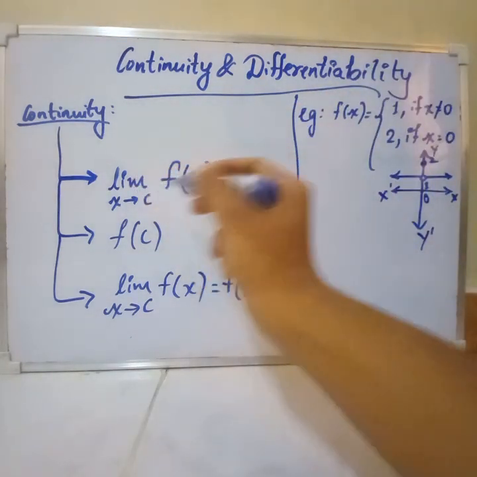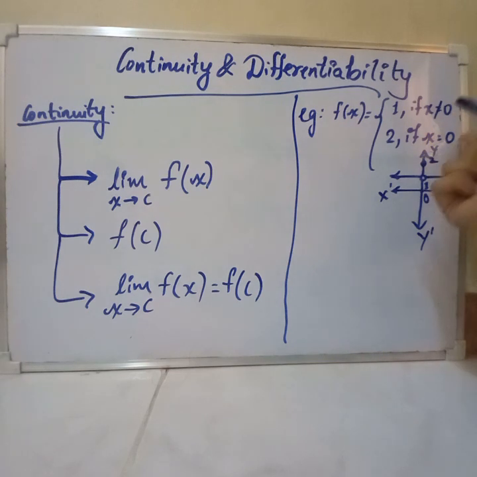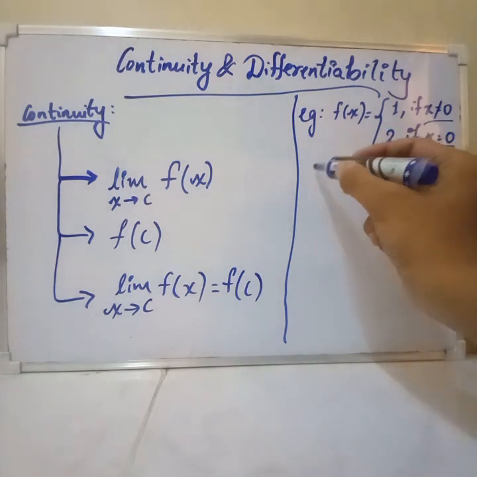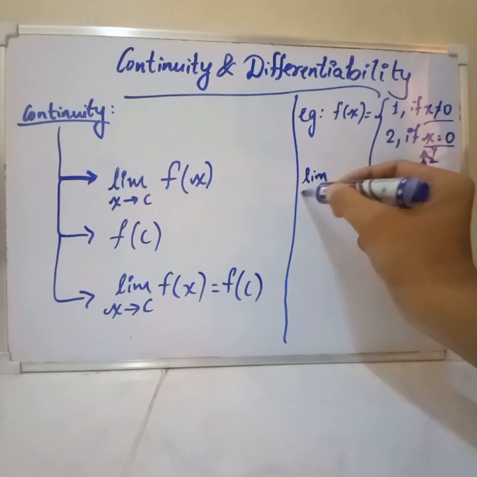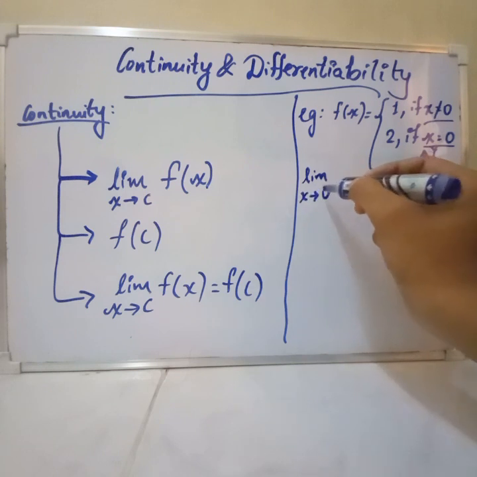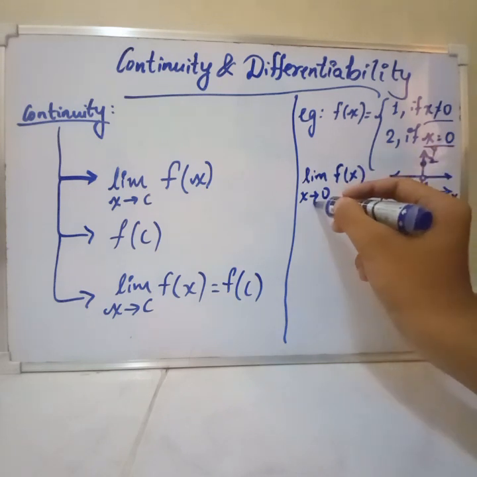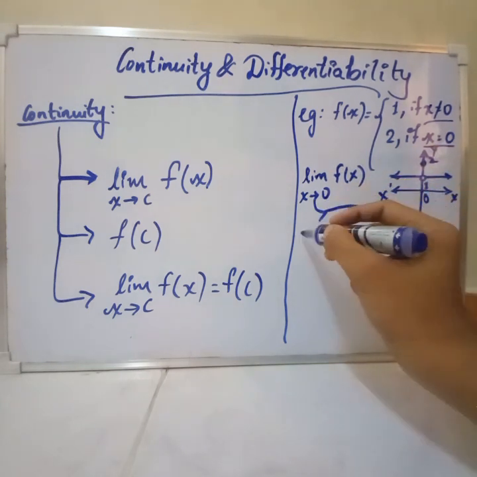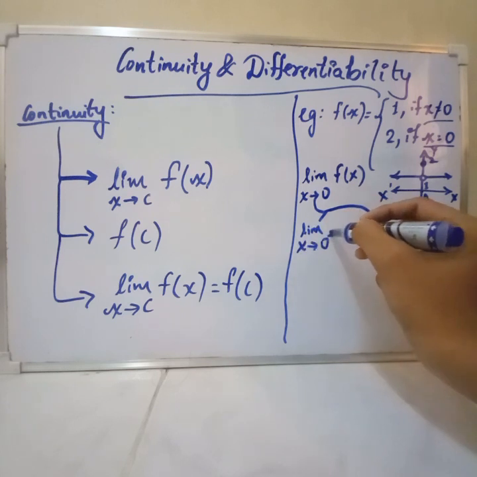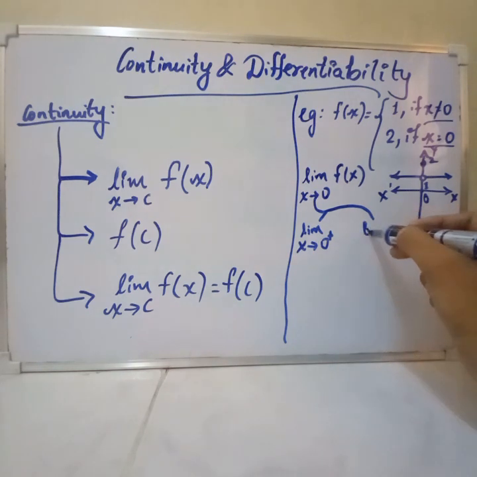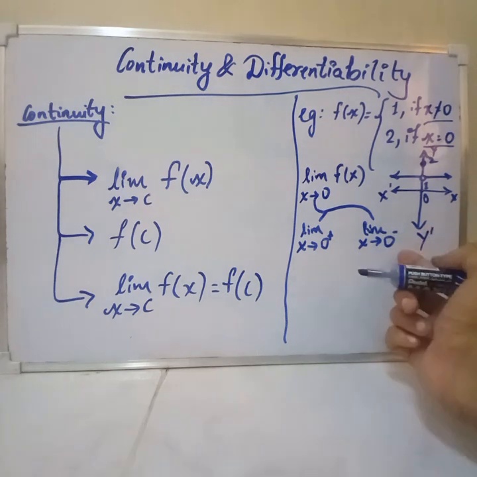So first of all, we have to check the continuity at the point 0, right? Because we are having different cases for 0 only, so we have to check at that point only for now. We'll be taking limit of x tends to 0 f of x, or in this case there will be two different cases, limit of x tends to 0 plus f of x and limit x tends to 0 minus f of x.